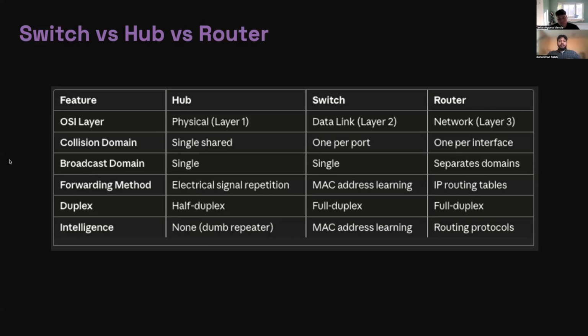It just repeats the traffic. That's why it's on layer 1. Meanwhile, a switch operates on layer 2, so it uses MAC address learning to transfer the traffic. Meanwhile, a router is more intelligent and uses routing protocols to route traffic. So it will take you from your home to the internet. Meanwhile, the switch will keep you in your home. We can move forward. Yeah.